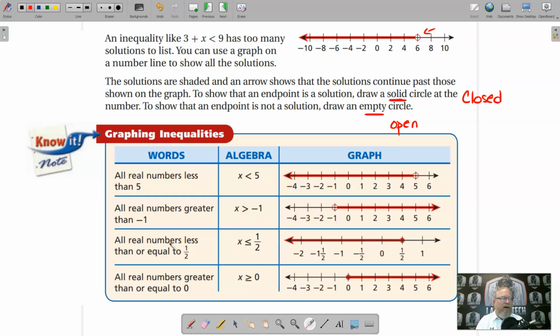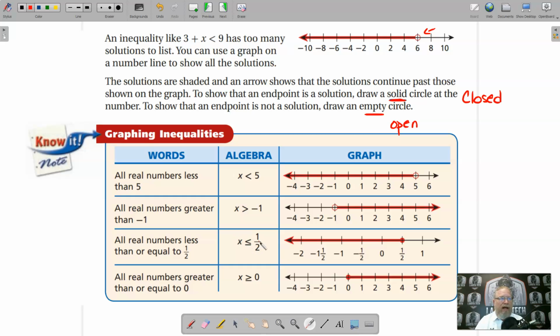Moving along, we have all real numbers less than or equal to 1/2. So x is less than or equal to 1/2. Notice the or equal to. This means that 1/2 is indeed a solution. We could plug that in, and if we substituted 1/2 for x, and we said 1/2 is less than or equal to 1/2, well, that's true because we said or equal to.